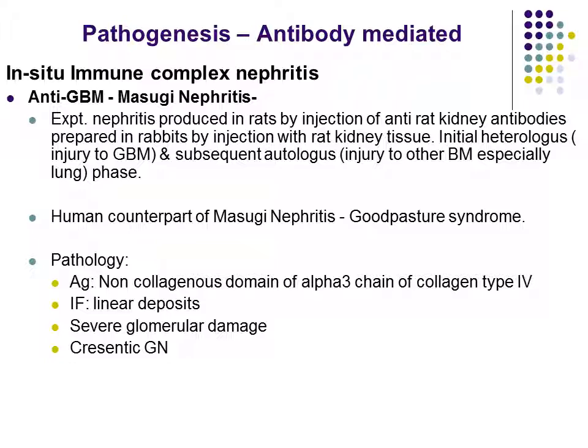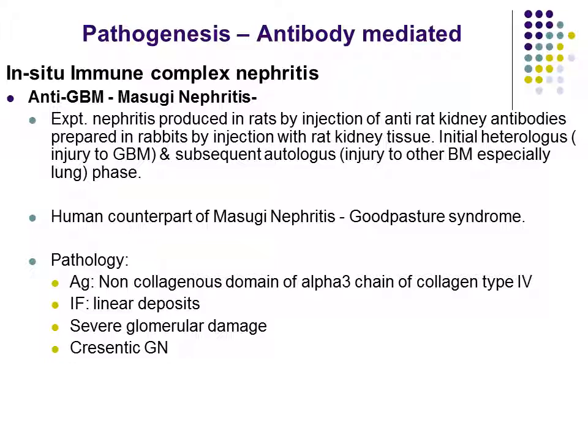First is anti-glomerular basement membrane, that is Masugi nephritis. This is an experimental kind of nephritis. It was demonstrated in the laboratory in rats by injecting anti-rat kidney antibodies prepared in rabbit.